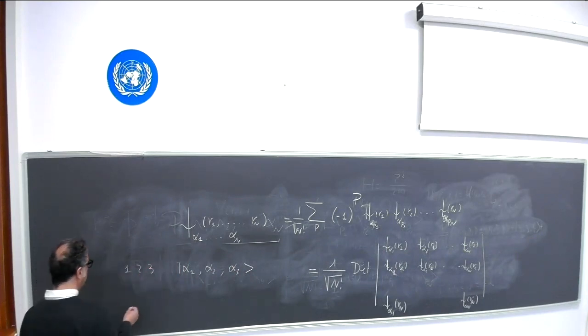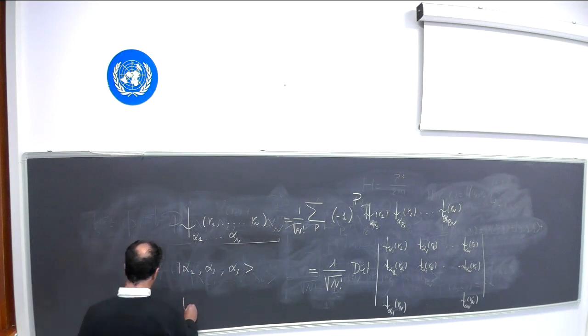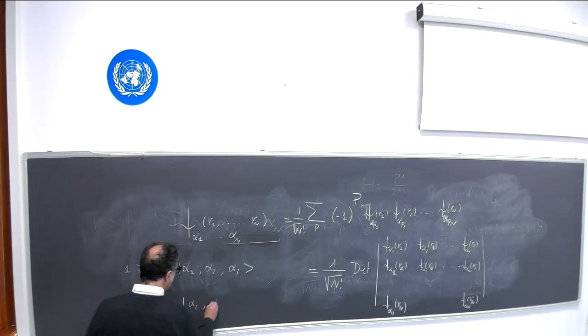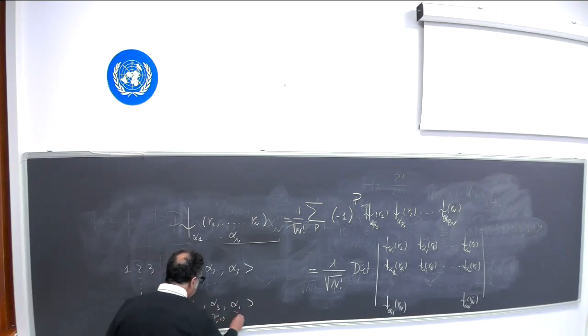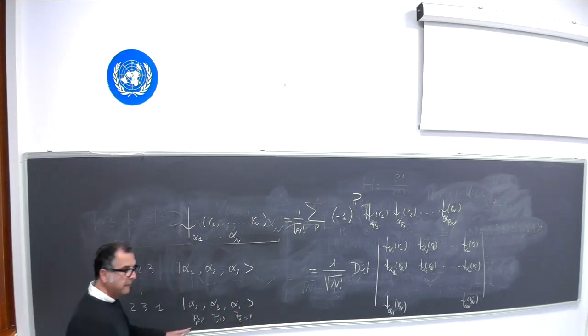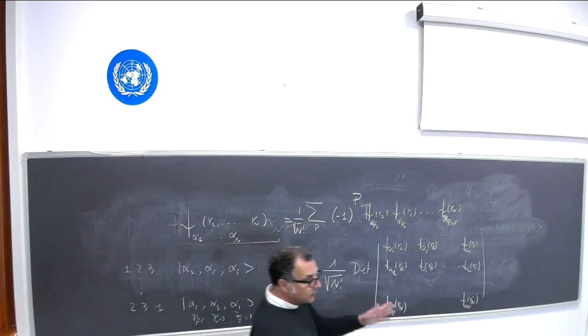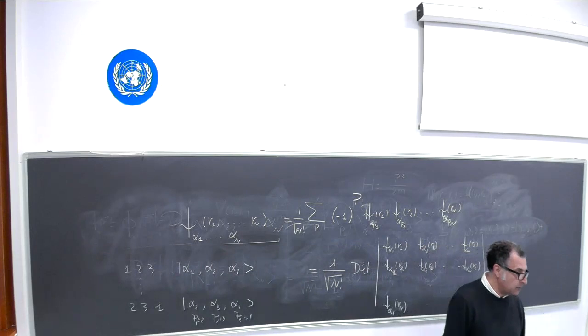Then I do the following permutation, which is 2, 3, 1. So this will correspond to alpha 2, alpha 3, and alpha 1. In this case, P1 is equal to 2, P2 is equal to 3, and P3 is equal to 1. So the index 1, 2, 3, n corresponds to the permutation P.